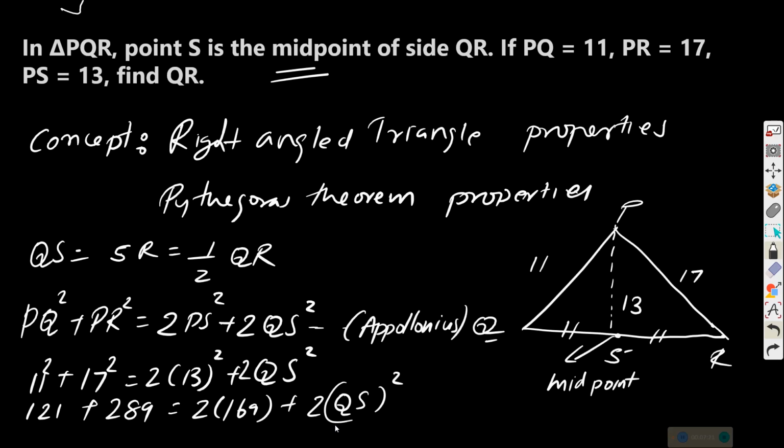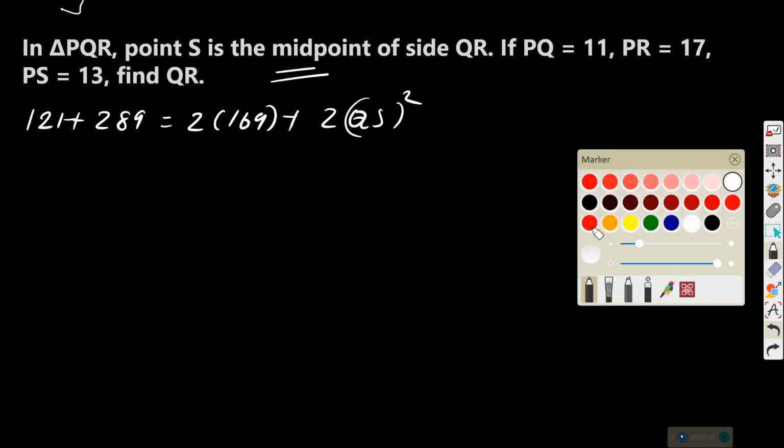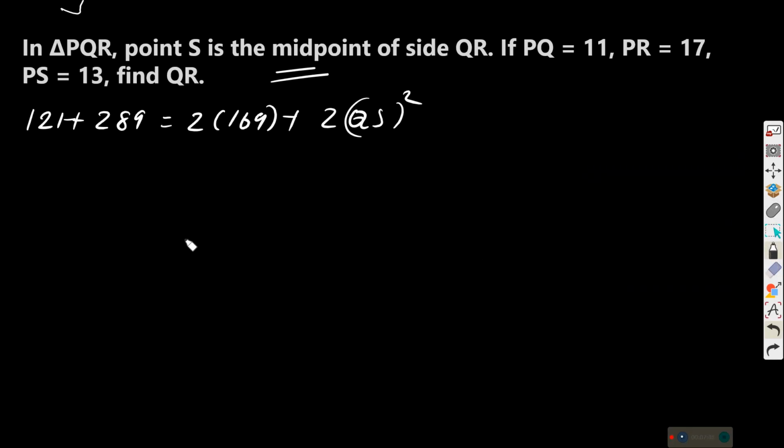This much you understood, I think, and I will be moving to a new page or screen, so you should keep the last line in mind, and we'll go ahead. 121 plus 289 is equal to, okay, we'll do further simple arithmetic. 121 plus 289 minus 169, which is equal to 2QS square.